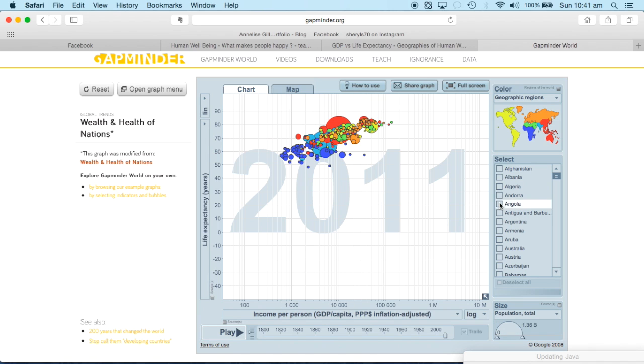And if we compare it to Australia, Australia's average income is $41,000 compared with $614 for Somalia.